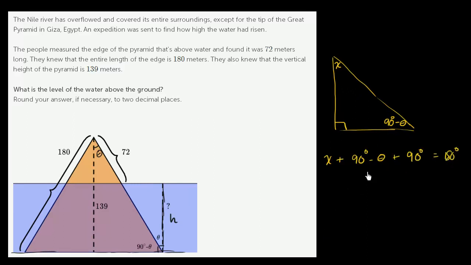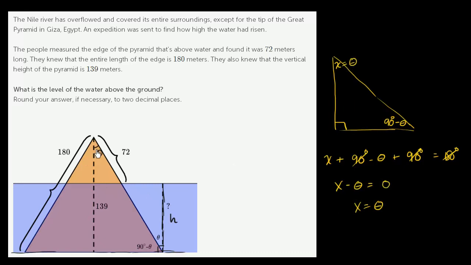If we subtract 180 from both sides, we get x minus theta is equal to 0, or if you add theta to both sides, x is equal to theta. So this thing up here is going to be theta as well.